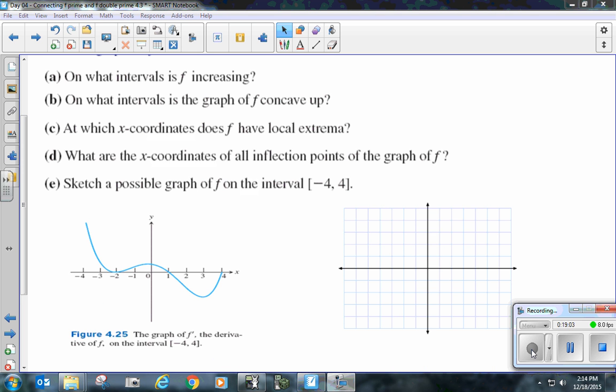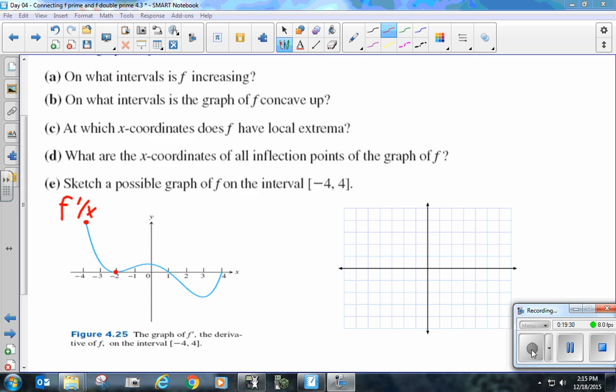So, on what intervals is f increasing? If this is the derivative, we know that the original function is increasing when the derivative is positive, which means it would be above 0, above the x-axis, right? The derivative is positive from here to here, and also from this point to this point. Positive and positive. So what intervals?